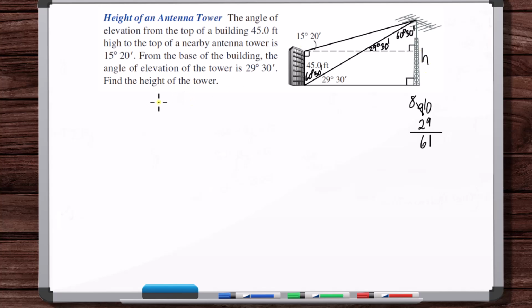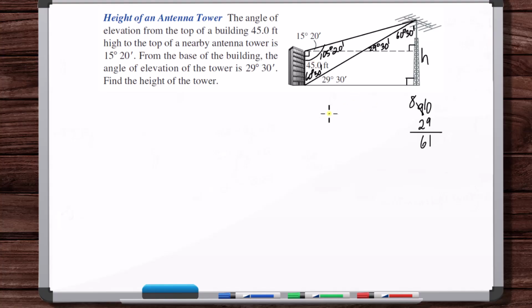So there we go. This angle here is, what is 90 plus 15? That's 105 plus 20 minutes, so 105 degrees 20 minutes is that angle. Now, are we going to need to get this angle? Maybe we can just go ahead and get it.